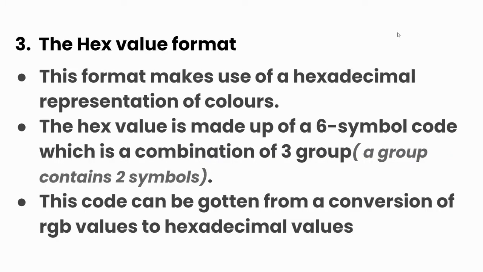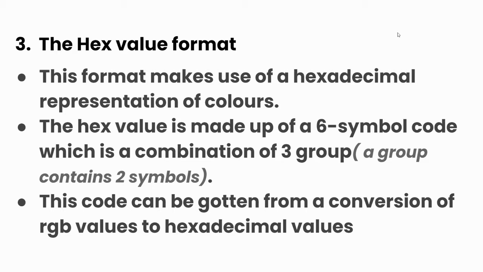So lastly, we have the hex value format. This format makes use of a hexadecimal representation of colors. Hexadecimal, like the decimal system in mathematics, is in base 16. So this format makes use of the base 16 representation of the color. The hex value is made up of a six symbol code.